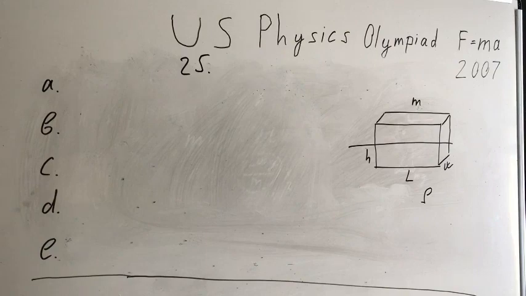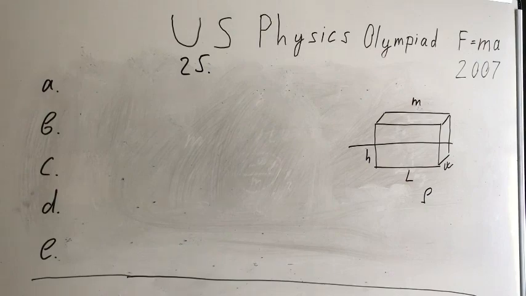Assume that the water pogo is oriented such that the length L and the width W are horizontal at all times. Assume that at equilibrium the pogo is floating.